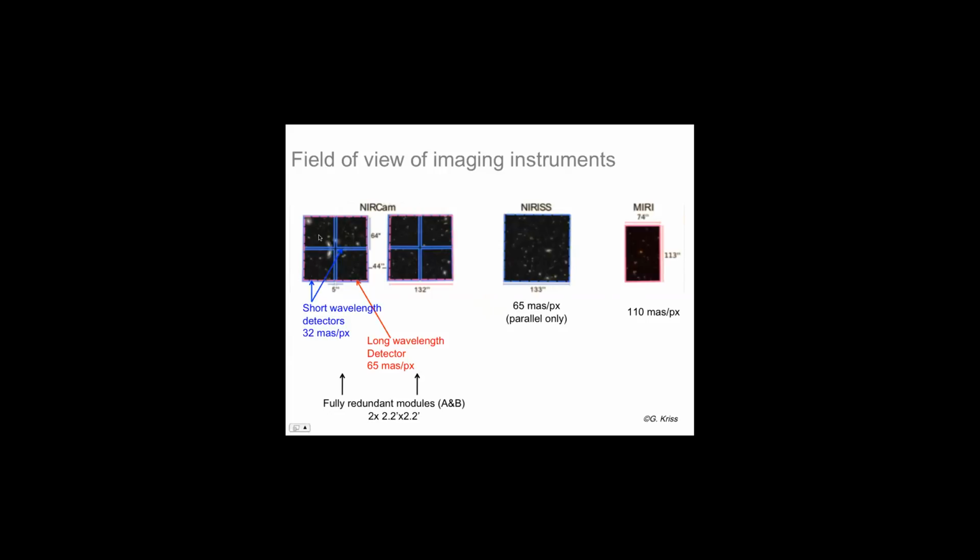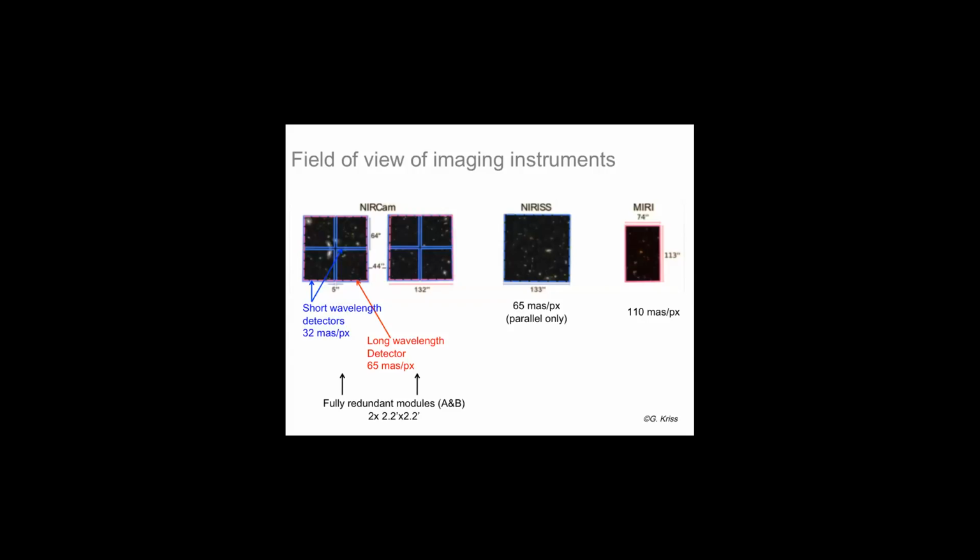On the other hand, the long wavelength channel is recorded on a single detector without any gaps. The blue channel is sampled at Nyquist beyond 2 microns, and the red channel is sampled at Nyquist beyond 4 microns.